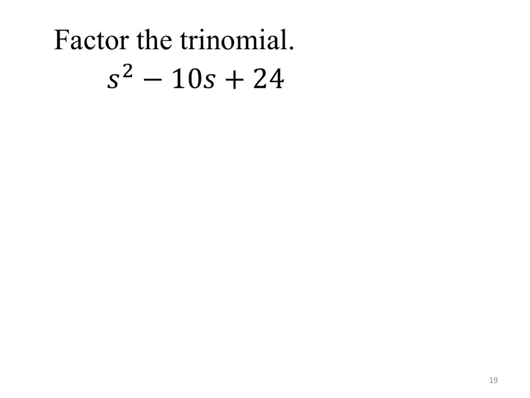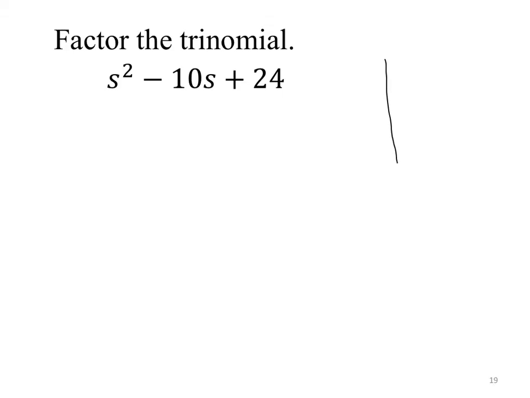Here we have a trinomial, no perfect squares involved, no coefficient in front of the lead term, and we are told to factor the trinomial. Notice there's no equal sign, so there's no equation to solve. So we're going to simply use reverse FOIL.